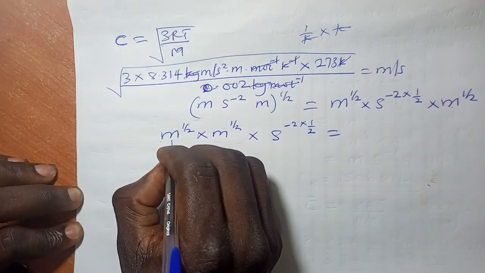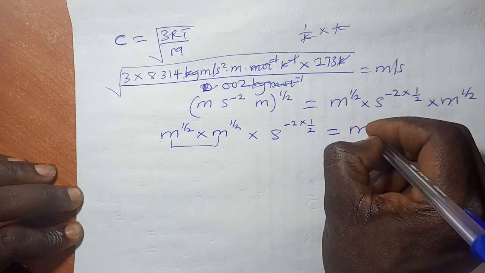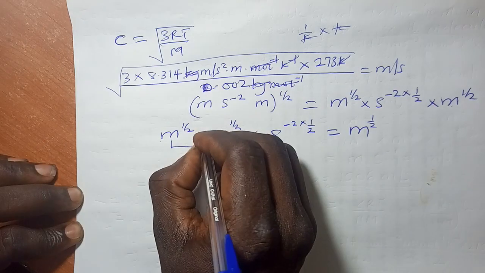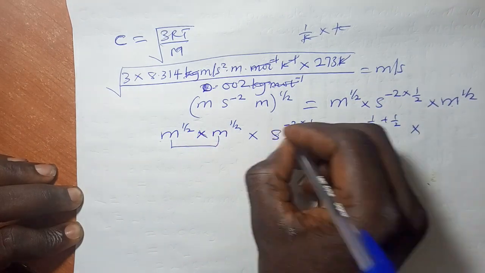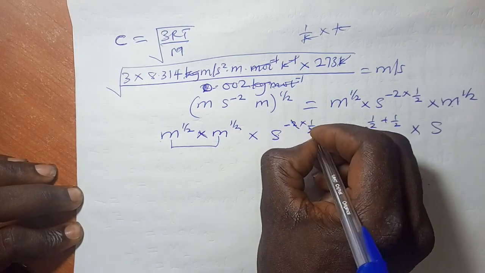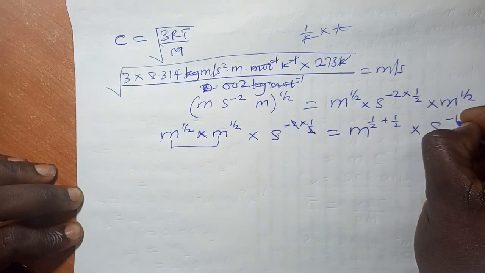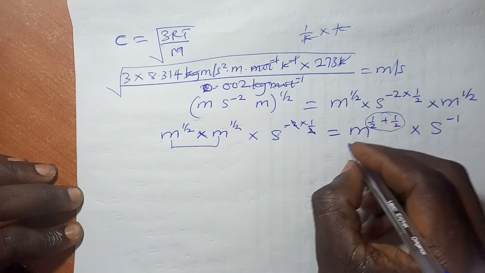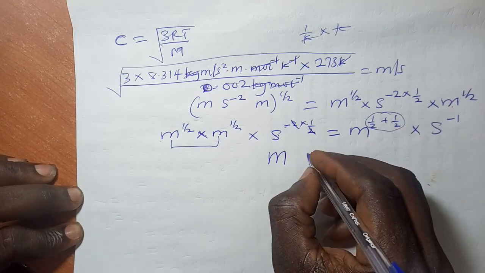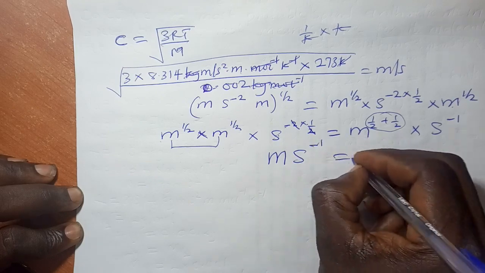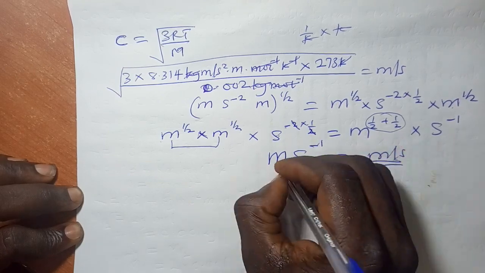You pick 1 in indices, m raised to the power of 1 over 2 plus 1 over 2, then times s raised to power minus 1. So half plus half will give you 1, then s raised to power minus 1, which is 1 meter per second. You see, they are the same.